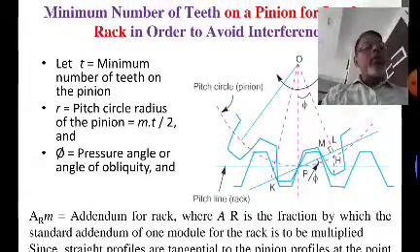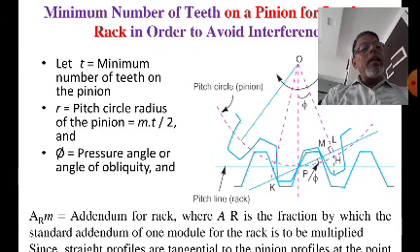Now addendum for the rack is a suffix r into m. That is equal to, you can see here, this L to H, this vertical distance, right? H is the point on the pitch line, and L is the point on this inclined line. Now can you write this LH in terms of PL and phi? See, angle phi is shown over here.